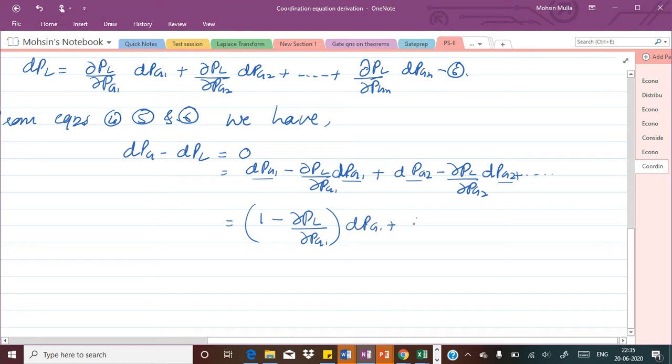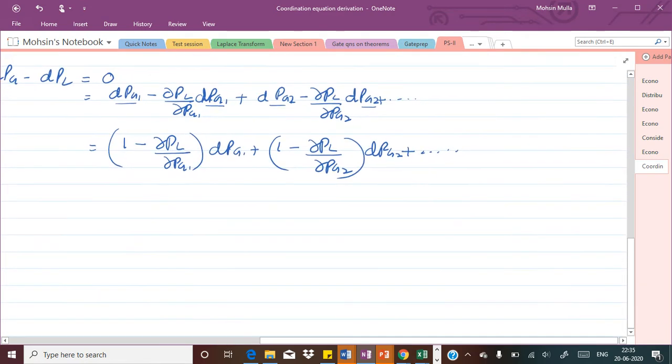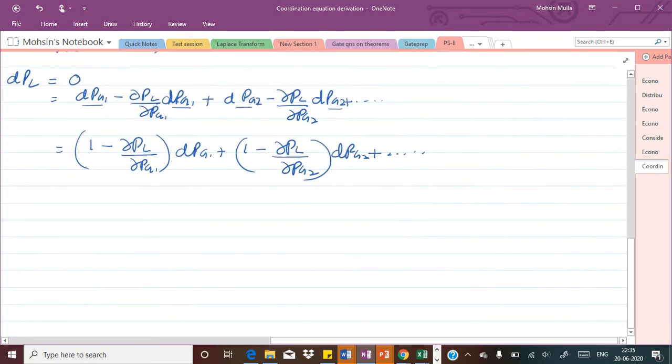For the second term, 1 minus ∂PL divided by ∂Pg2 into dPg2 plus so on. Okay, so we can keep on writing the same, and plus we can write here for the last term 1 minus ∂PL divided by ∂Pgn into dPgn. So let this equation number be 7.